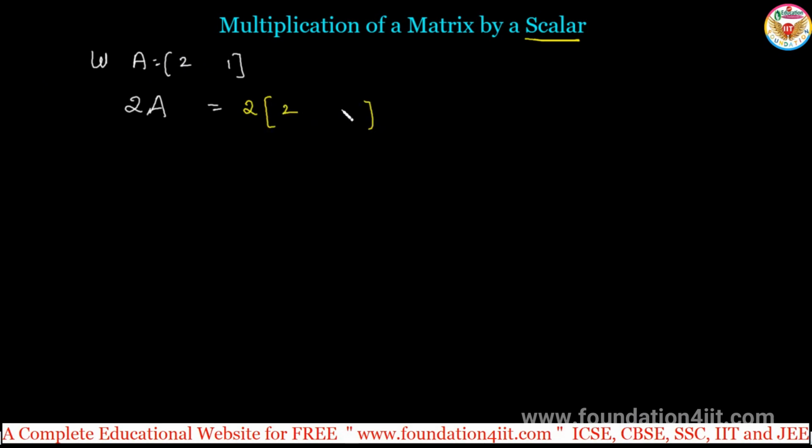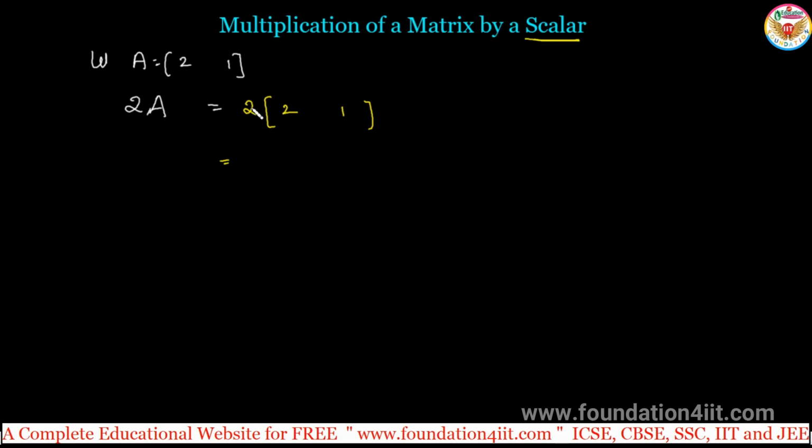If 2A, so here A is a matrix and 2 is an element, so 2 is a scalar. For example, let A is a matrix [2 1]. Okay, only this is a single row and 2 columns. The meaning of this is take this number 2, each and every element in this matrix is supposed to multiply.